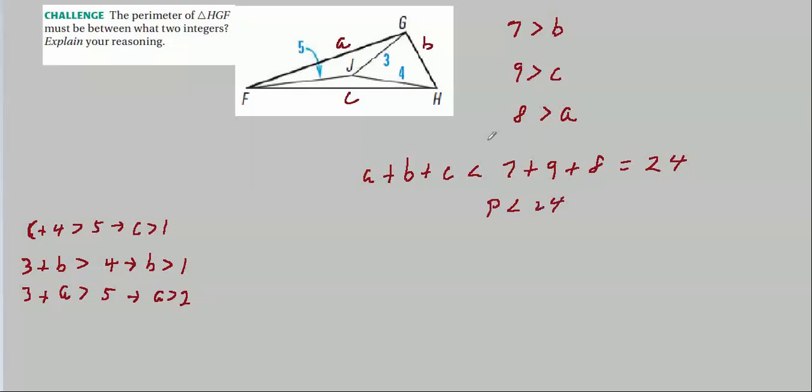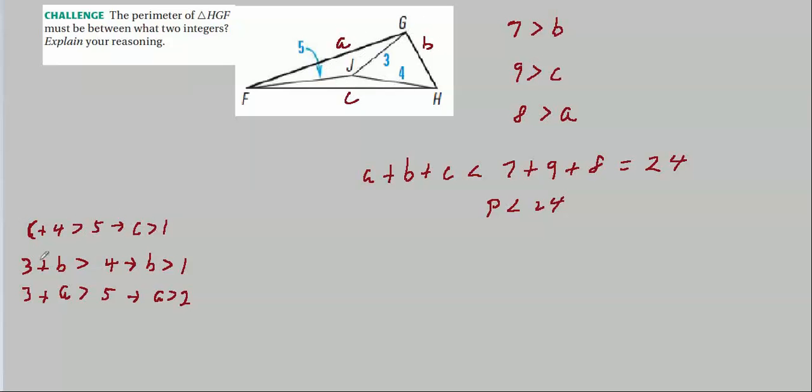We already know that it's greater than 0, but can we say more? Can we apply the rest of the triangle inequality and produce some more inequalities? It'll give us more information about these side lengths, and yes, we can. Here we could write that 4 plus c is greater than 5, and get that c is greater than 1.